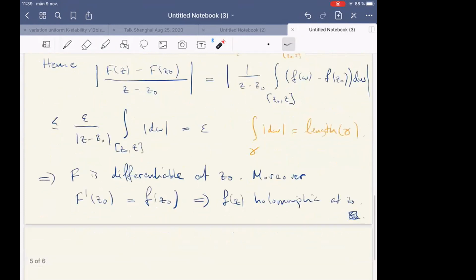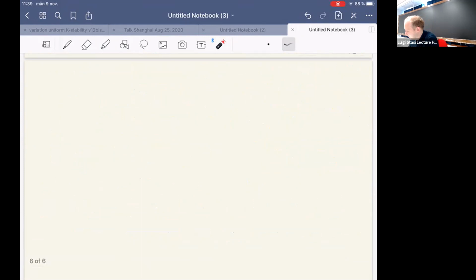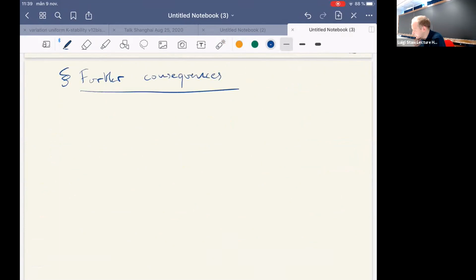Okay. So let's move on. What we are going to do now is look at some further consequences of Cauchy's integral formula and of all of these things.